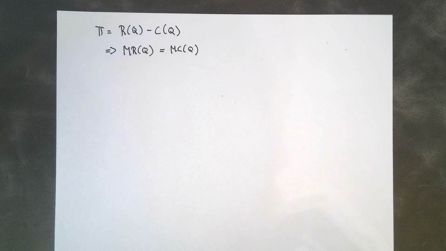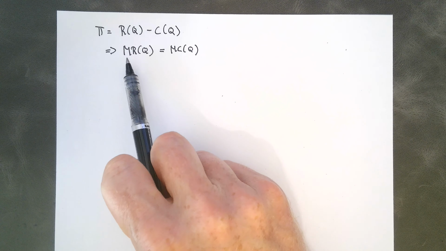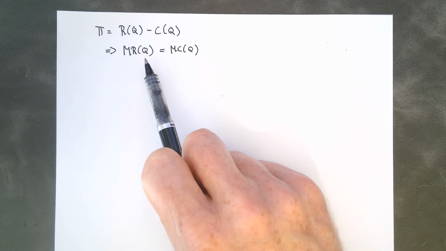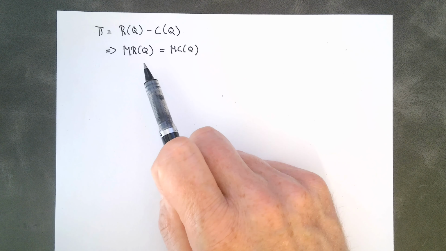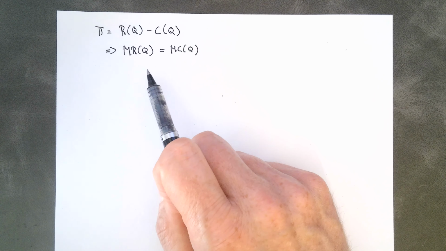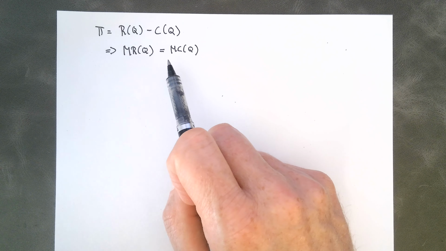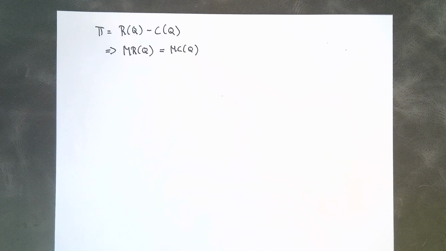So think about the marginal revenue being $6, whereas your marginal cost is $5. If you're selling one more unit, you're getting $6, but it's only costing you $5, so you're going to produce that additional unit. Whereas if your marginal revenue is $4 and your marginal cost is $5, then you're not going to produce that additional unit because your marginal cost is higher than your marginal revenue.